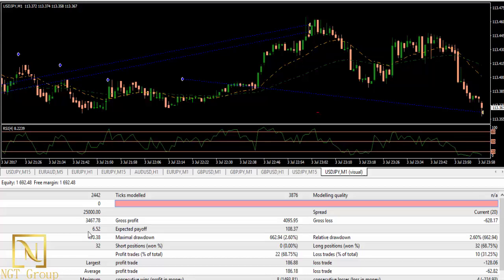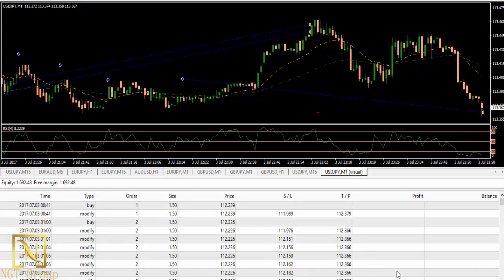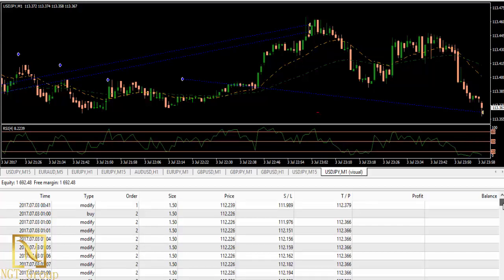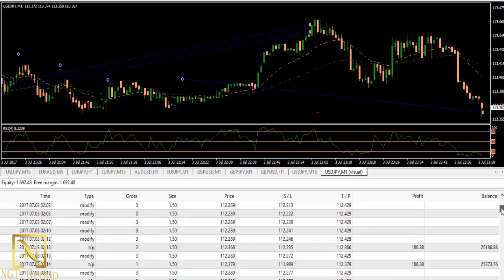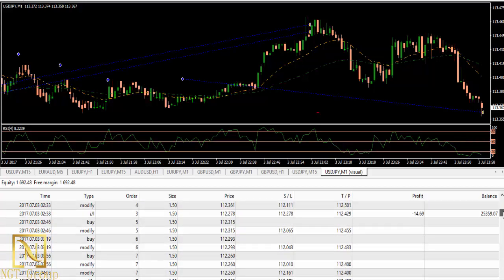Now we're going to look at the result to see all the trades that were taken. We can scroll up here, and we are going to see that two trades were taken for profit, and that was $186.88 twice. But we see a loss there, which was $14.